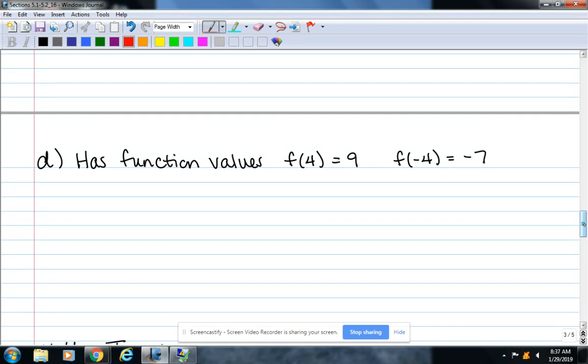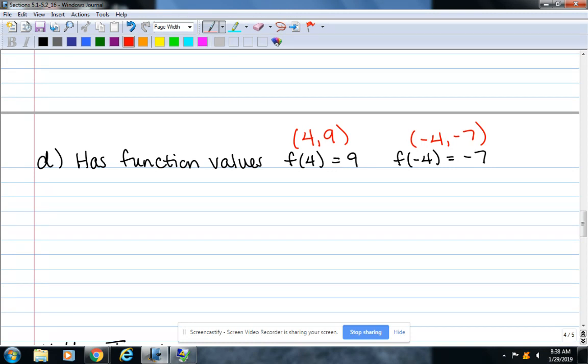So what's the first ordered pair? 4, 9. What's the second ordered pair? -4, -7. So is everybody okay with how I converted my function notation to ordered pairs? They're in order, x then y. The one in parentheses is always x.